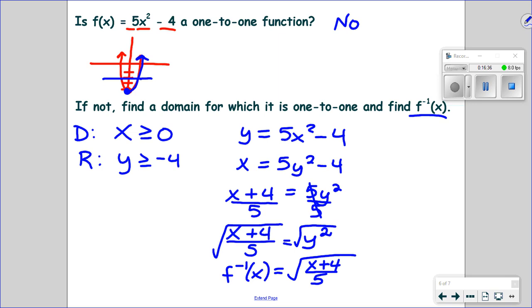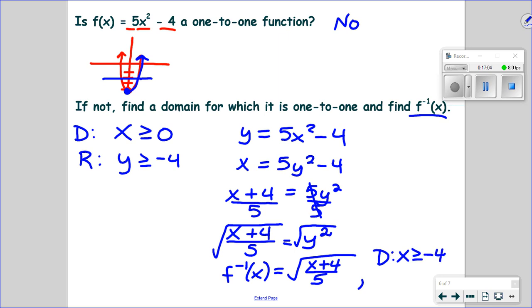Now, what's going to be the domain for the inverse function? Well, remember, inverse functions switch x and y. X is domain, y is range. So, to find the domain and range of an inverse function, you literally just switch them. Okay, so for instance, the domain of our inverse function is going to be x greater than or equal to -4.